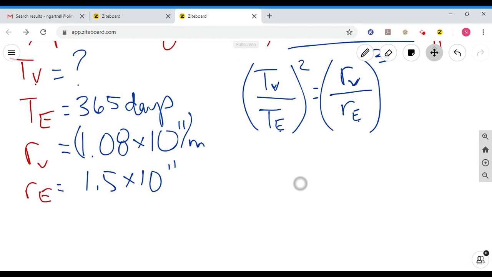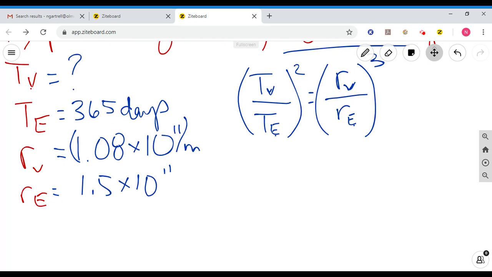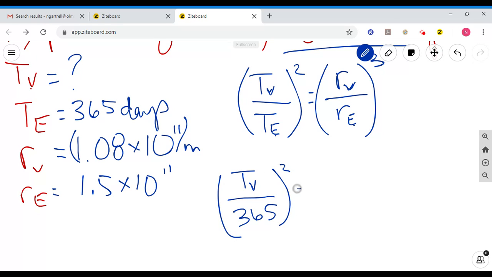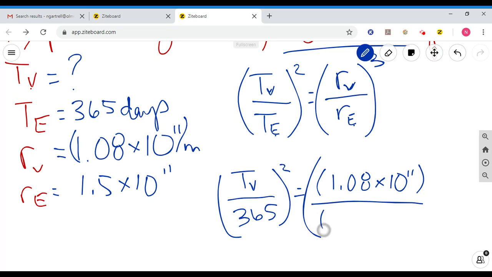All right, now we're going to plug some of these numbers in. I'm going to plug in T sub V as my variable over Earth days. This quantity is squared. It's equal to, put a parenthesis around Venus, close the parenthesis, divided by the Earth's radius, or the Earth's distance from the sun.